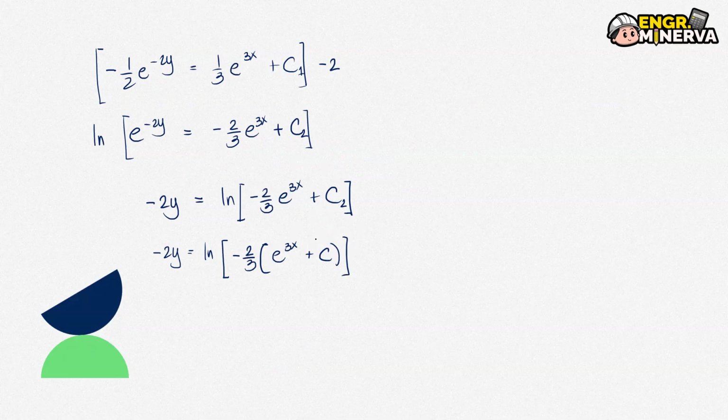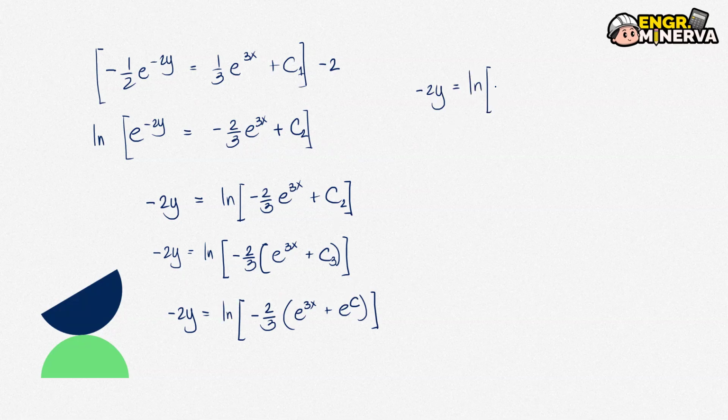I want to make this constant e raised to that constant so that I can combine the exponential function. So that would be negative 2y equals ln of negative 2/3 e raised to 3x plus e raised to c. This would be c3. And eventually that would be negative 2y equals ln of negative 2/3 times e raised to 3x plus c.